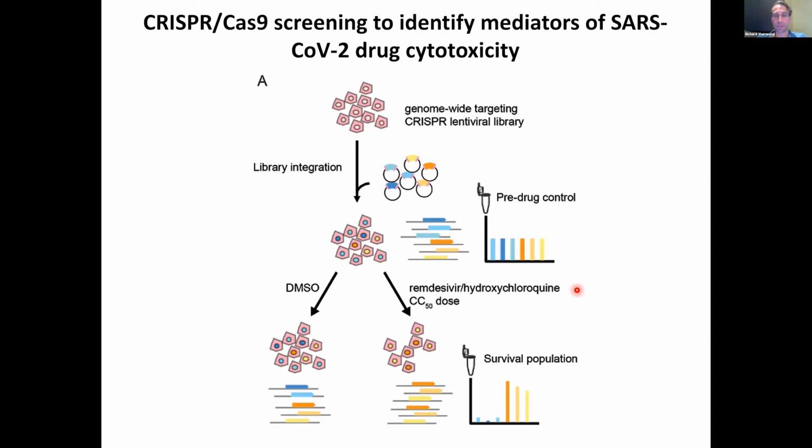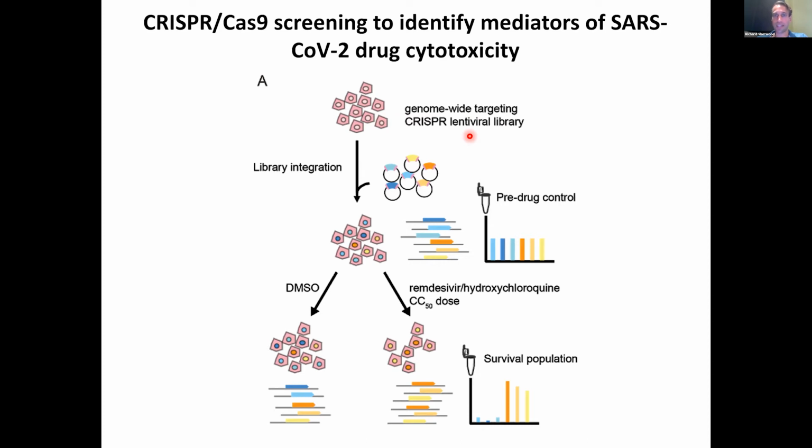We developed a genome-wide targeting CRISPR lentiviral library. We took every gene in the human genome and designed 4 spacer sequences that should uniquely target each gene. That comes out to about 80,000 different guide RNAs.